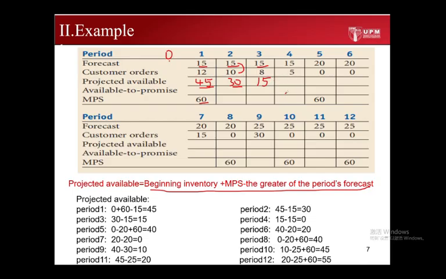The next one equals 15 minus 15 equals 0. The period 5 projected available is 0 minus 20 equals minus 20. And then we need to use minus 20 plus 60, finally equals 40.